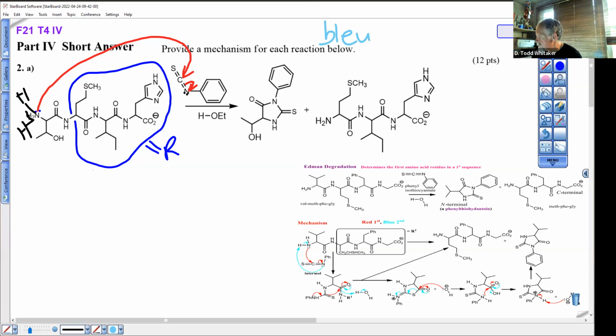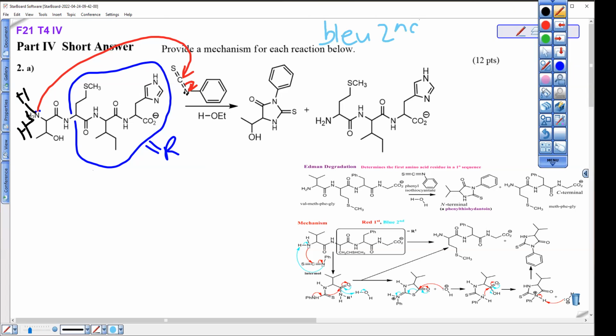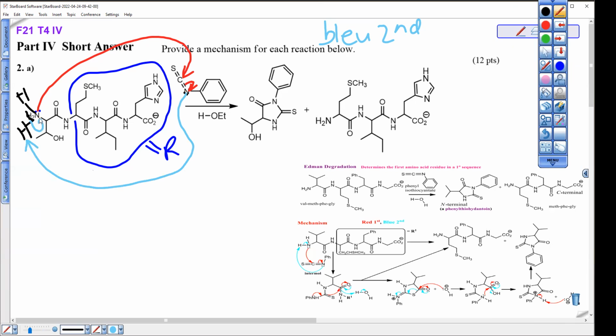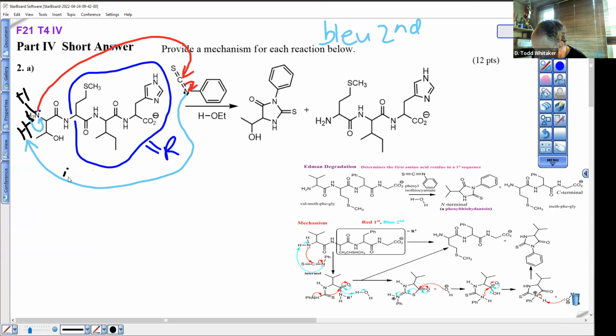Oh, obliterated my lone pair. The thicker pen has its drawbacks. Yes, we need the intermolecular. This time I got a lot of room to write on it. The big arrow. There you go. And that gets us to this intermediate down here.